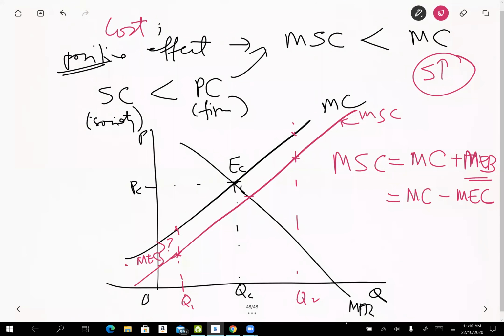MEC you have to subtract. So that will give you the MSC. The MSC is equal to MC minus MEC due to the positive production, or marginal external benefit due to the production. So in other words, there will be lower costs to the society due to that external benefit.